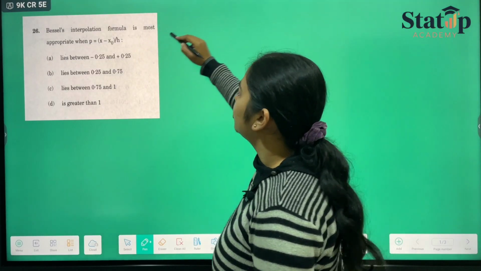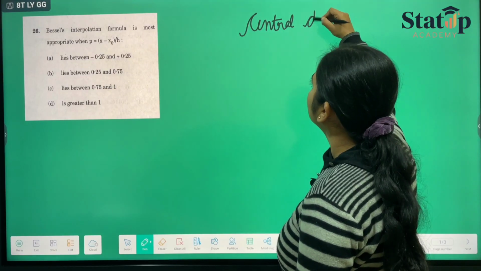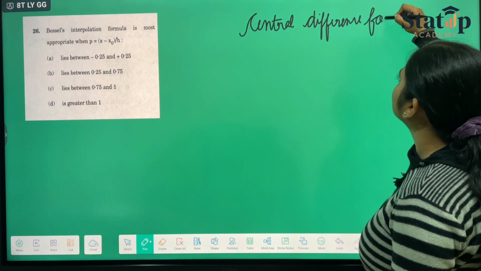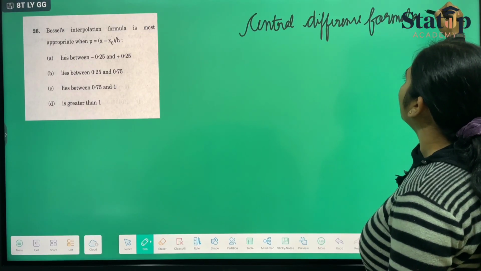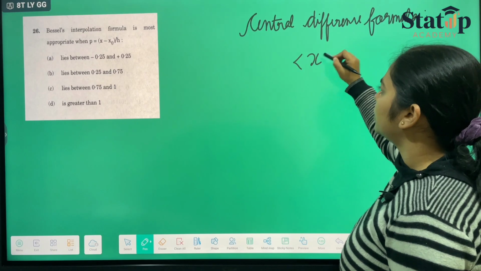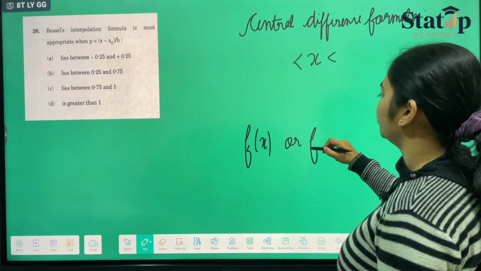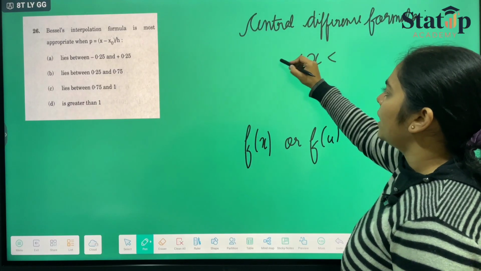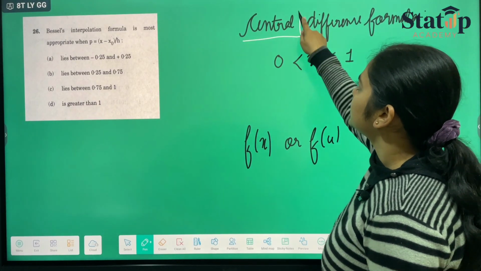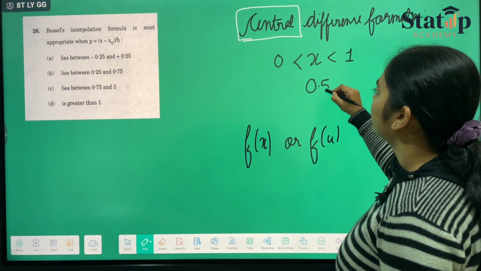So I have told you, since it is a central difference formula, we can write f of x or we can use f of u, both are equal. F of x lies between 0 and 1 exactly. So central means exactly in between, and exactly in between it will be 0.5.